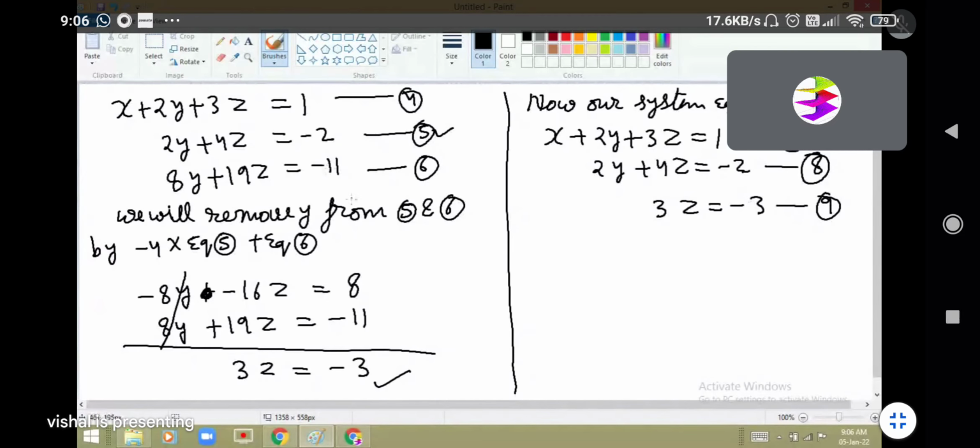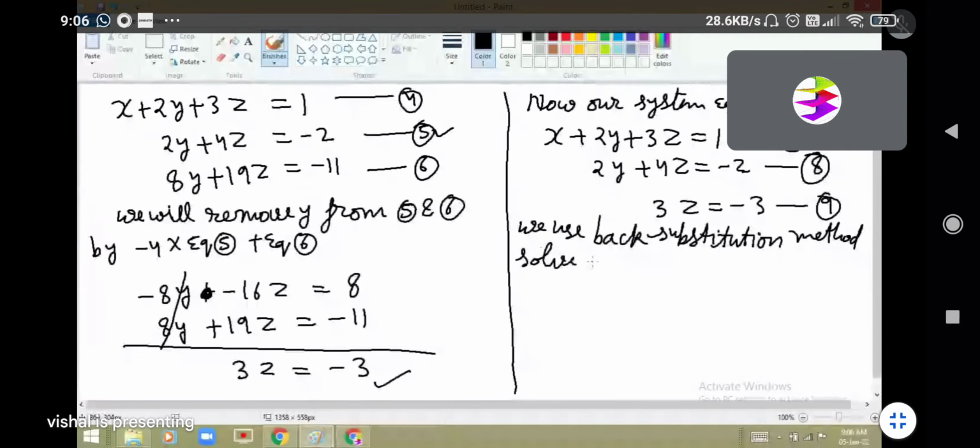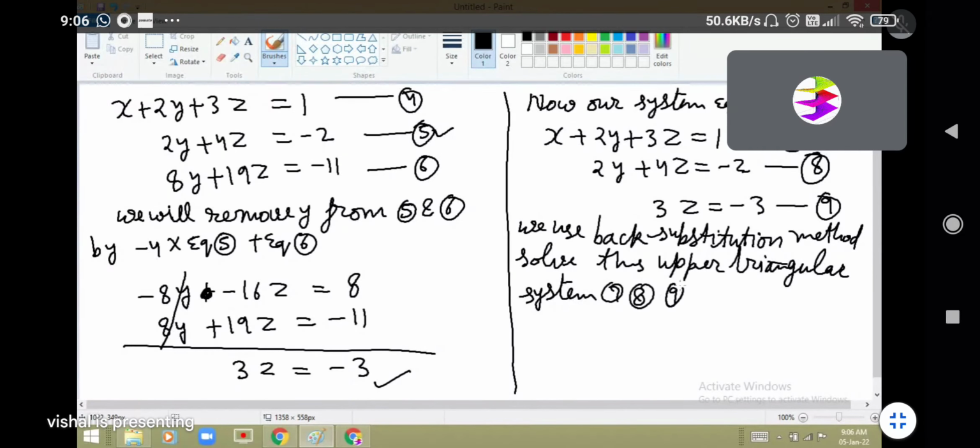Now we use back substitution method to solve this upper triangular system 7, 8 and 9.